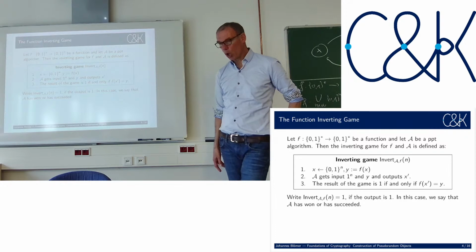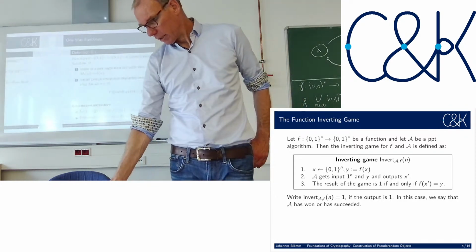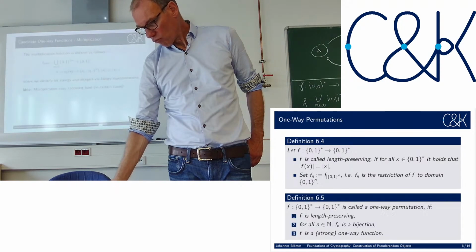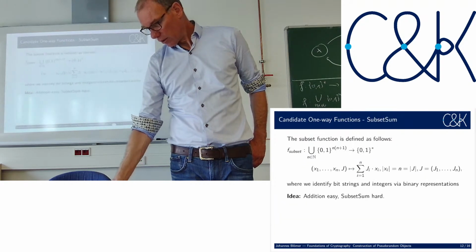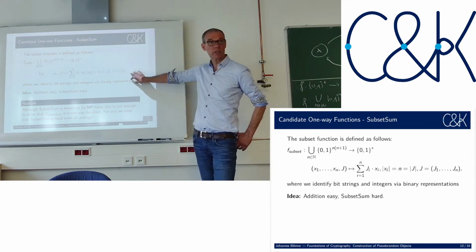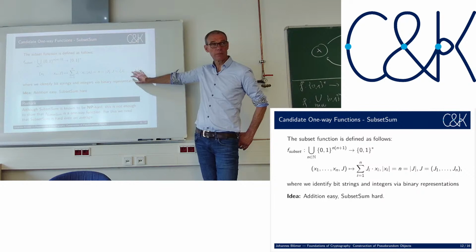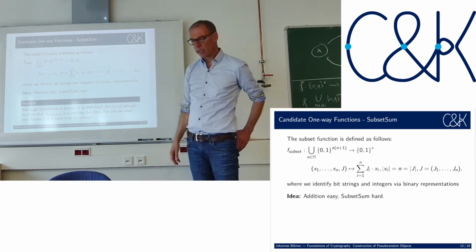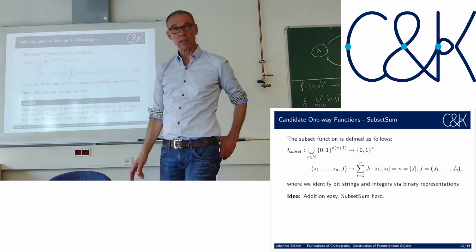So we don't know whether this is true, but here I think many people are really confident that this is a weak one-way function as defined before. There are many indications that this is really the case.